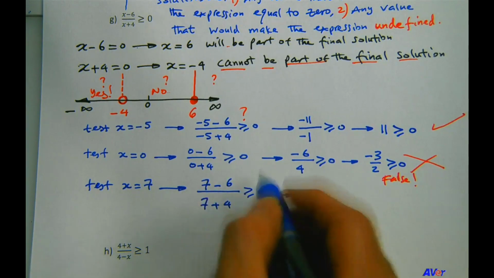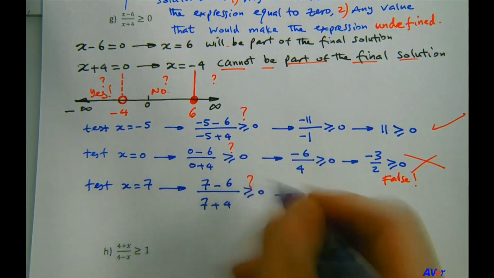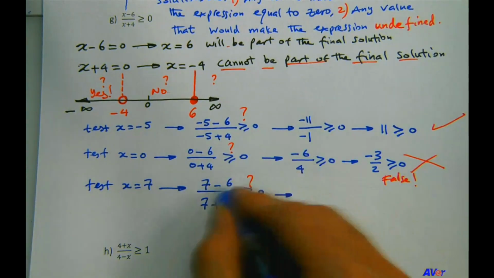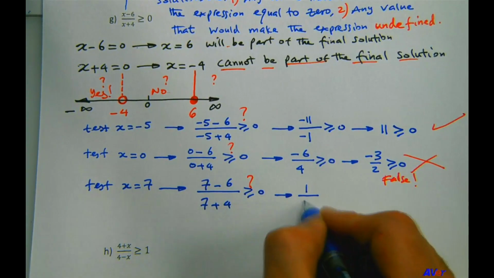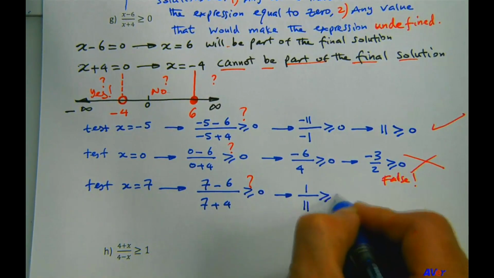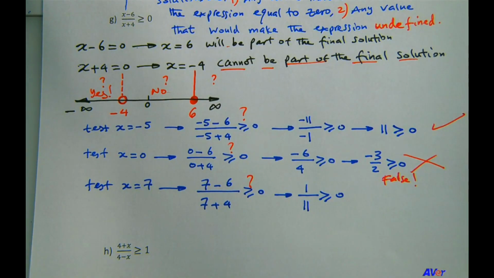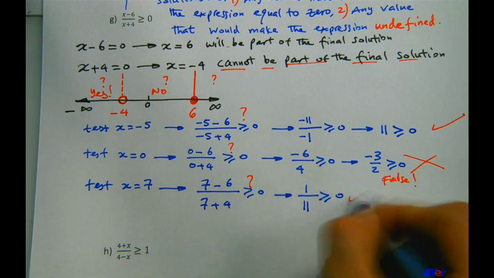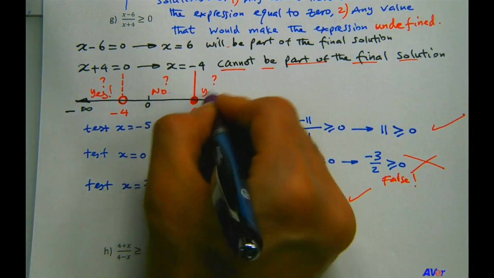We're checking to see if this is true. So 7 minus 6 is 1 divided by 7 plus 4 is positive 11 greater than or equal to 0. Is that a true statement? Absolutely it is. This is a positive number, so it's greater than or equal to 0. So again, yes.